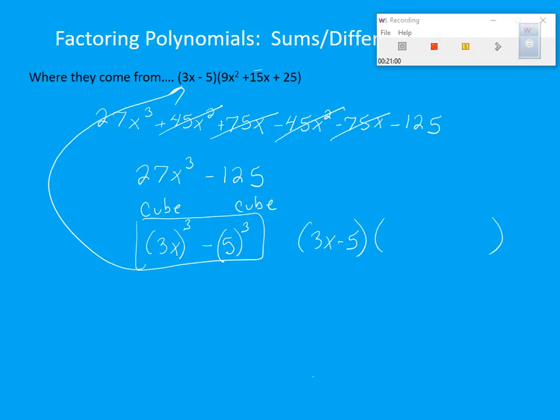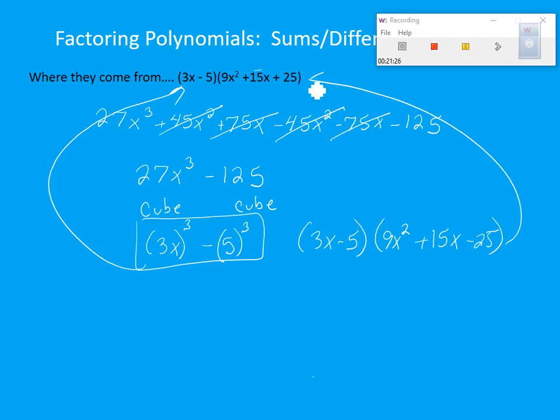Now, let's pick on the trinomial. To get the trinomial, it's this first term squared. And then you switch signs. If we're negative here, we're going to be positive there. And then my next term is this times this. And then my last term is this thing squared, that last term squared.